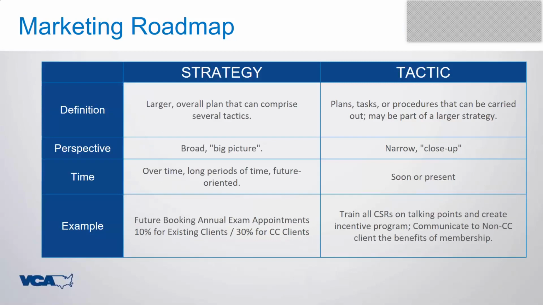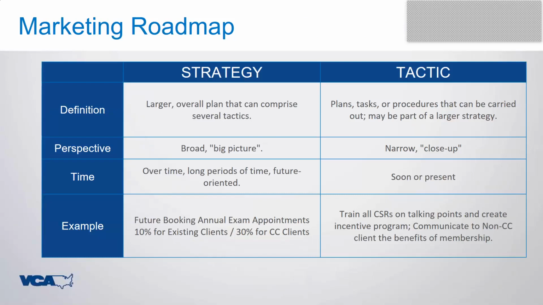And your tactic is going to be specific plans or tasks or even procedures that are carried out, but that might not necessarily take as long an amount of time as a strategy will. So your strategy essentially is your broad or big picture, and then your tactic is your narrow picture, how you're going to be able to obtain that big picture step by step in a shorter period of time.